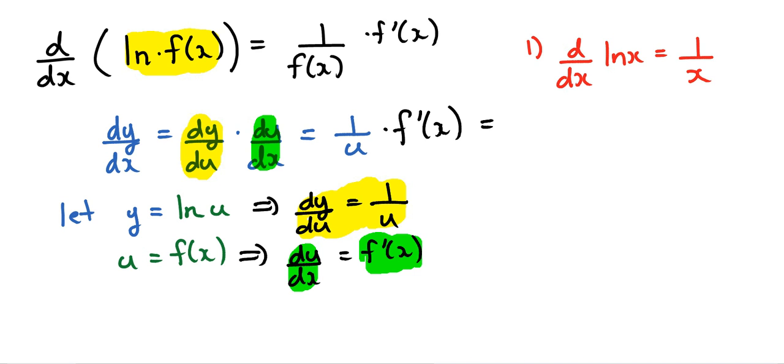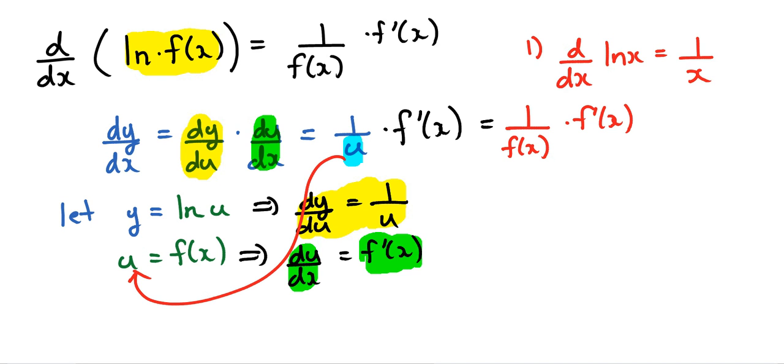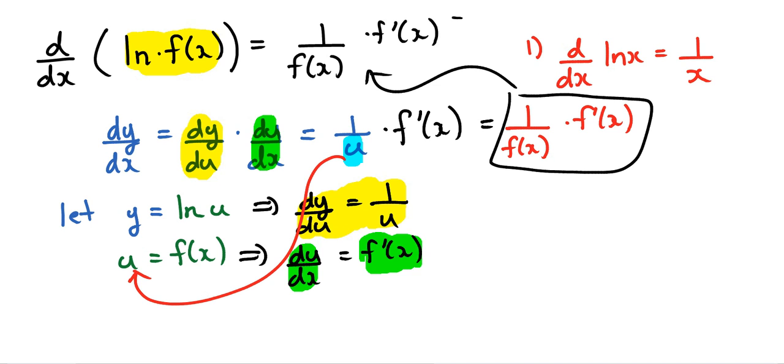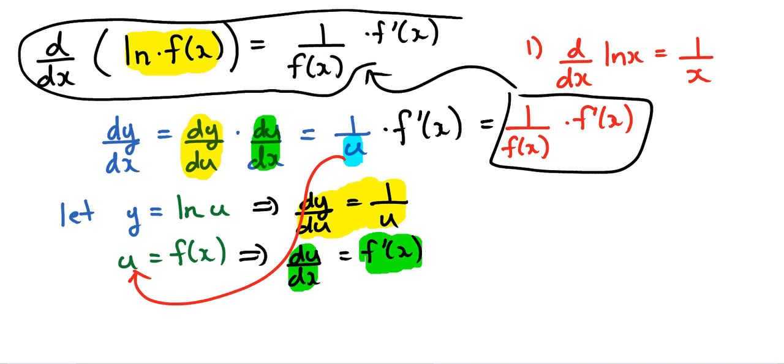Well, u is f of x, so that's going to be 1 over f of x times f prime of x. This expression does indeed match what you have in your reference sheet. So that's how you derive the derivative of ln of f of x.